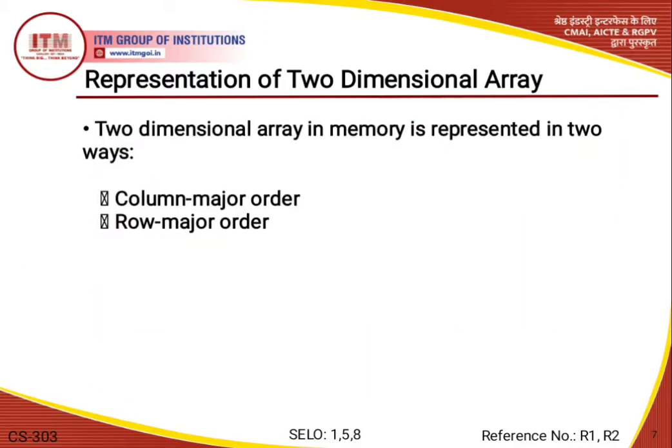And for a better elaboration of this representation of a 2D array, I am taking this slide in which I want to represent the two-dimensional array in memory in two ways. The first one is known as column major order and the second one is row major order.